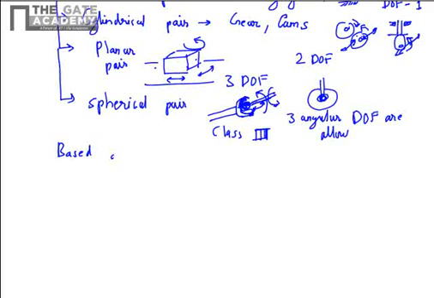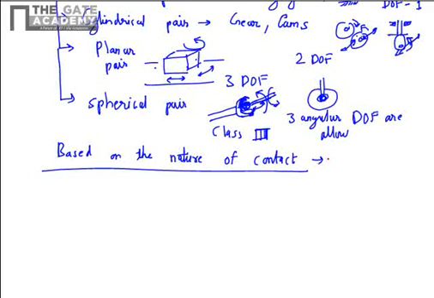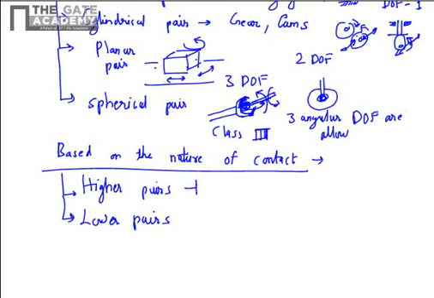Based on the nature of contact, there is a classification of kinematic pairs. Here we have higher pairs and lower pairs. Higher pairs are the ones where we have a line or point contact.